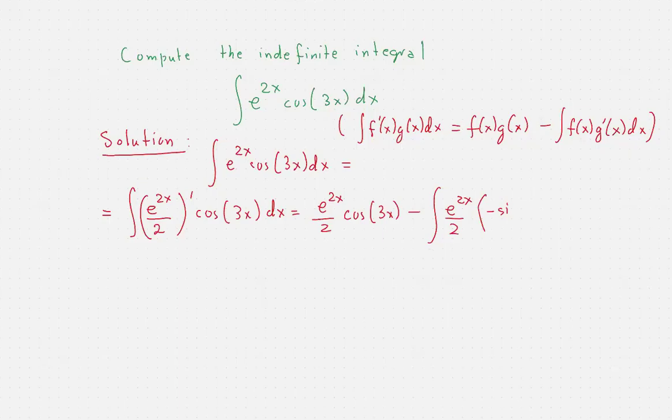We think of the quantity 3x as y. The derivative of cosine y is negative sine y, meaning negative sine of 3x, and we need to multiply by an extra 3. So that's going to be e to the 2x over 2 times cosine of 3x.